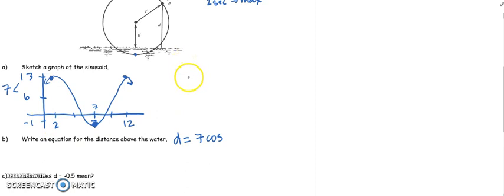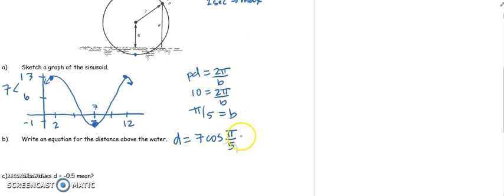So remember that the period equals, and I like to use radians, so 2 pi over the frequency. Well, the whole period here was 10. So 10 equals 2 pi over the frequency. So when I solve this, you get pi over 5 as your frequency.